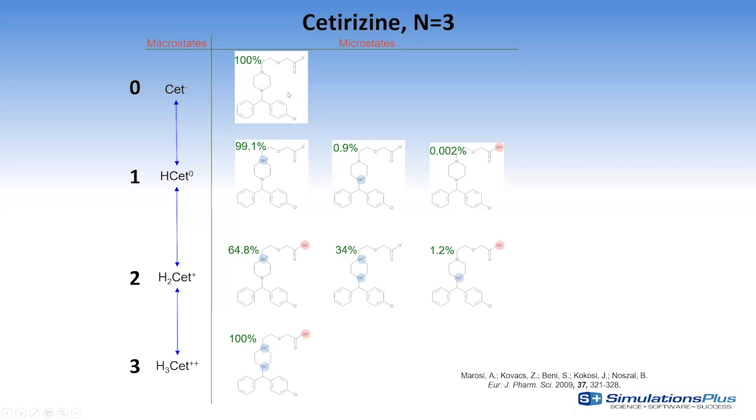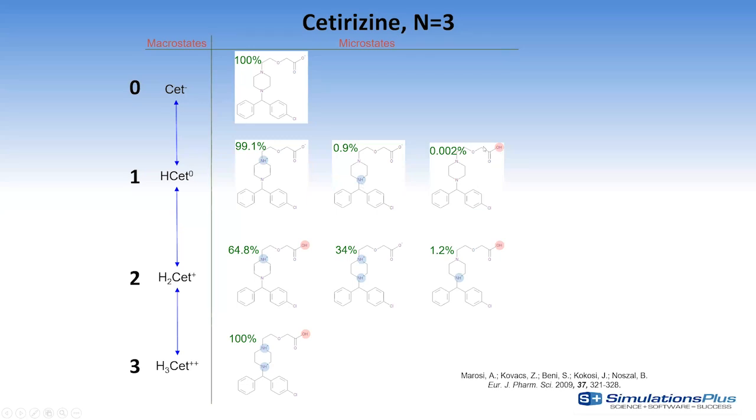We start with the fully deprotonated state, and the first proton attaches almost exclusively to this tertiary nitrogen. It's 91.1% prevalent. The other microstate is only available at 0.9%, where the other nitrogen gets protonated.